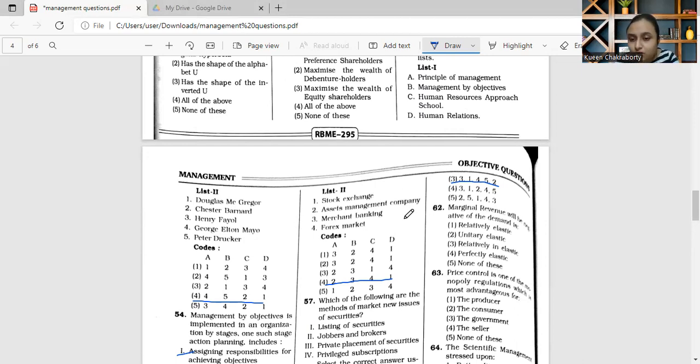Next, moving on to question number 62. Marginal revenue is related to which of these: relatively elastic, unitary elastic, relatively inelastic, perfectly elastic, or none of these?